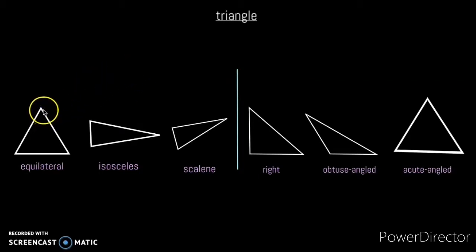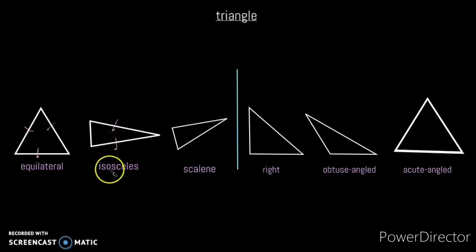A triangle which has all of its sides equal is called an equilateral triangle. The next type of triangle is one in which two sides are equal, excluding the third side.